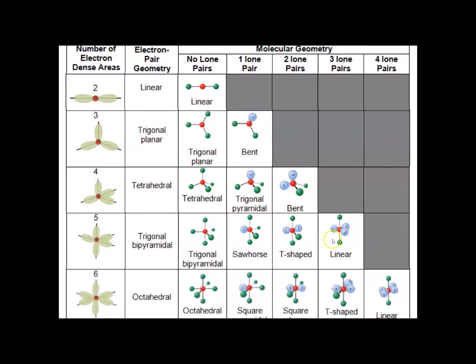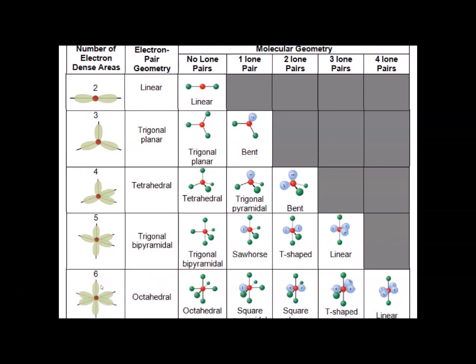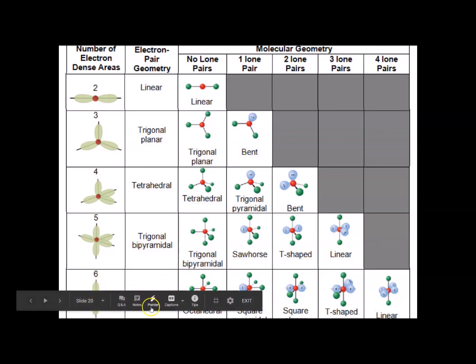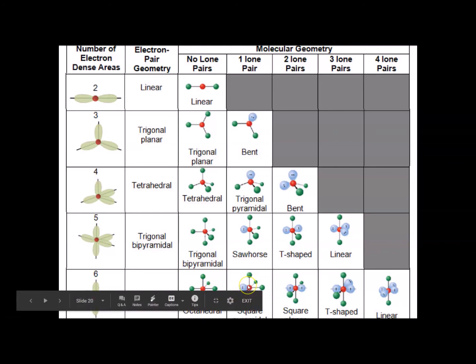All right. What if we're talking about 6 electron groups? The name for the electron geometry is octahedral. If all 6 electron groups are bonding groups, then you have octahedral molecular shape. If there's 1 lone pair, we call it a square pyramidal molecular shape. 2 lone pairs, square planar. 3 lone pairs, T-shaped.